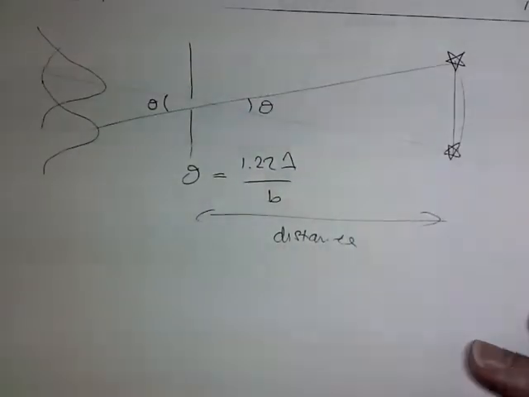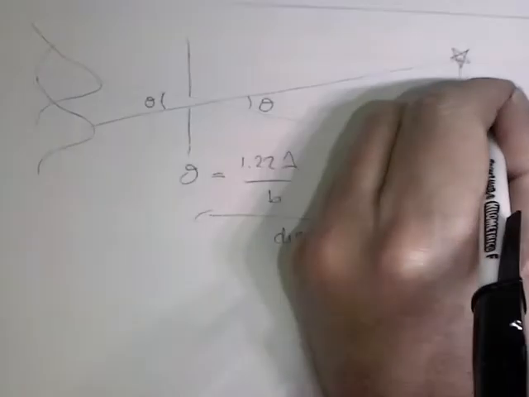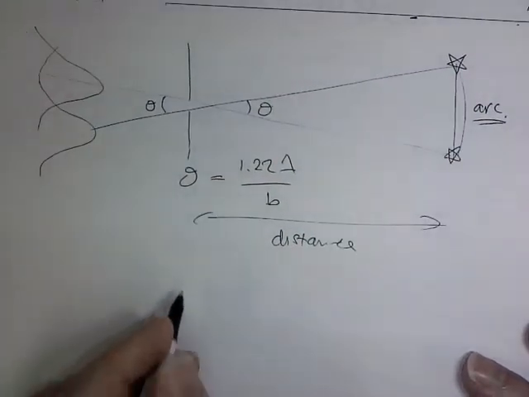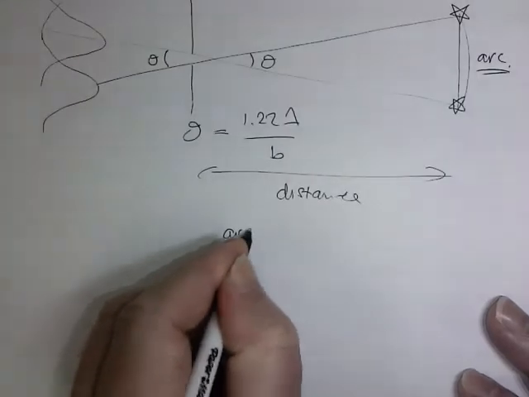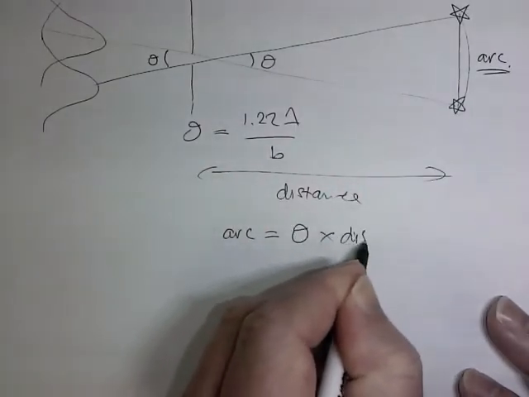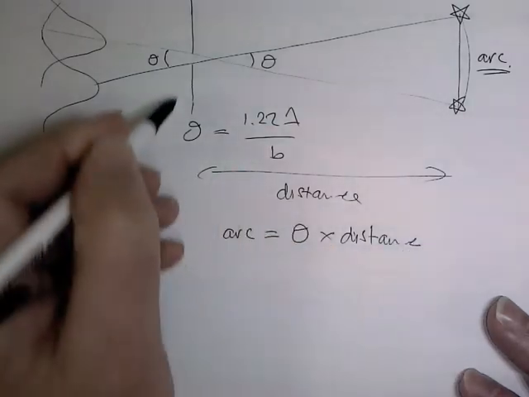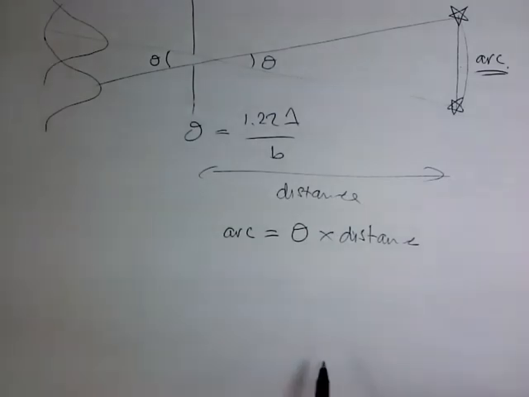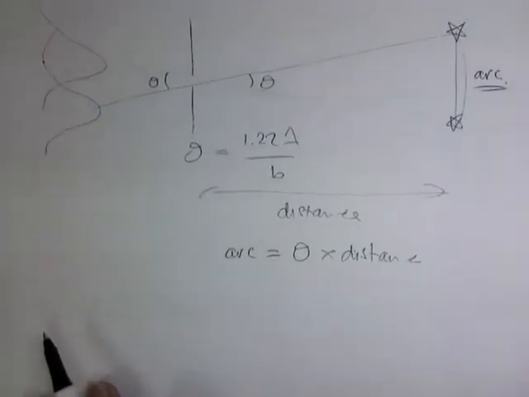Well, I can work out that arc length. I know that the arc in this particular case will be equal to theta in radians times the distance between this point and this point here. I've been given that. So what I now need is theta. If I can determine theta, I've got this cracked.